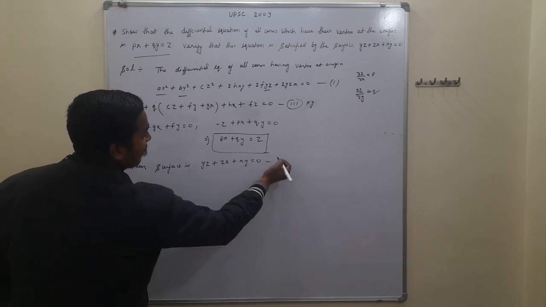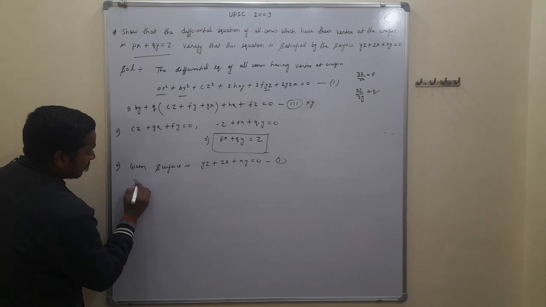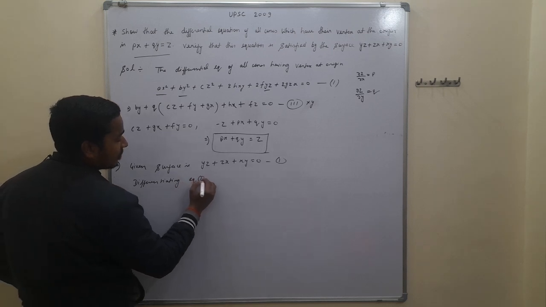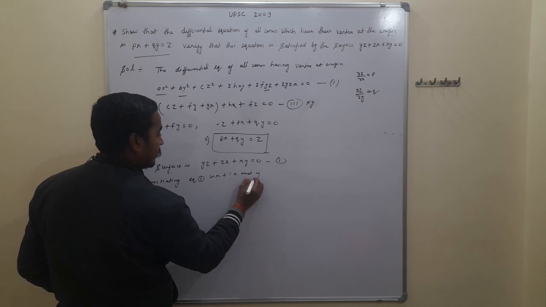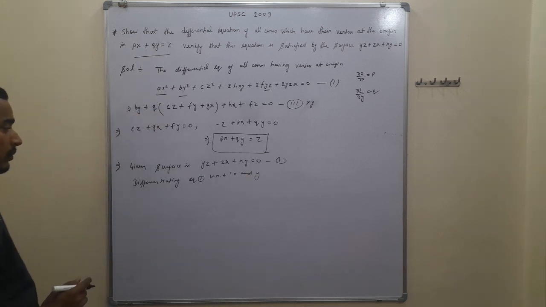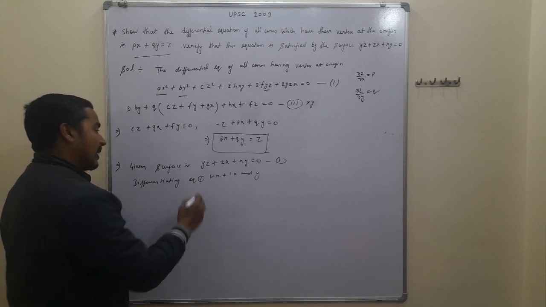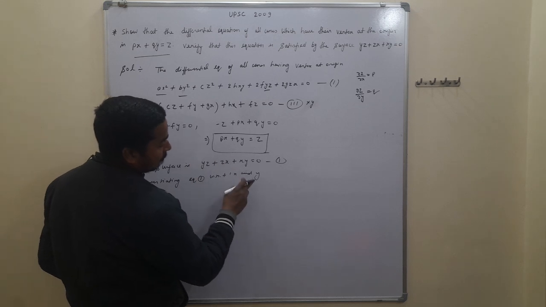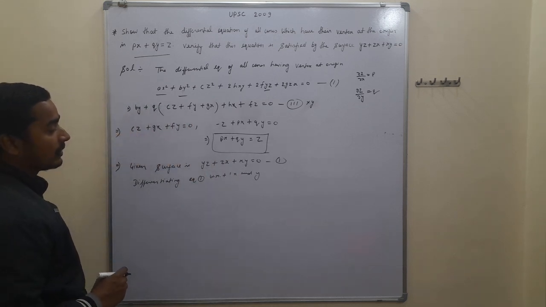Let this be equation 1, and differentiating equation 1 with respect to x and y. When we differentiate with respect to x, taking y as a constant and z as a function of x and y, and when we differentiate with respect to y, taking x as a constant and z as a function of x and y.